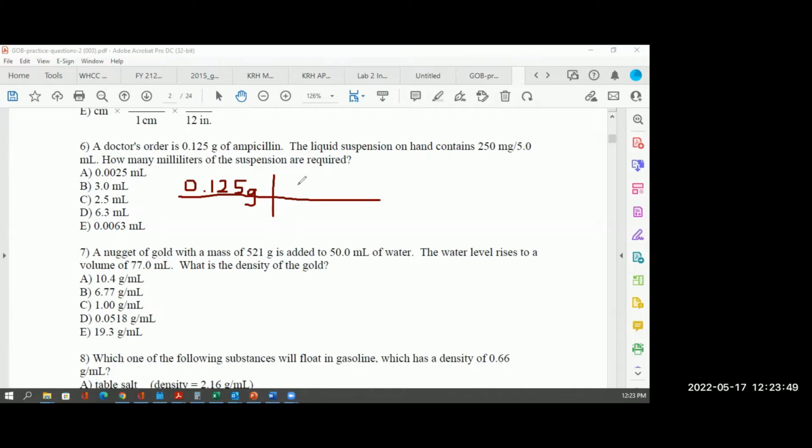Okay, so I know that 1 gram equals 1,000 milligrams. Then what am I going to do? I put the mLs on top and 250 mgs on bottom.